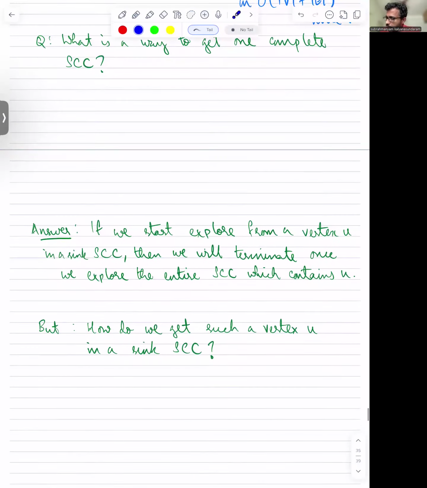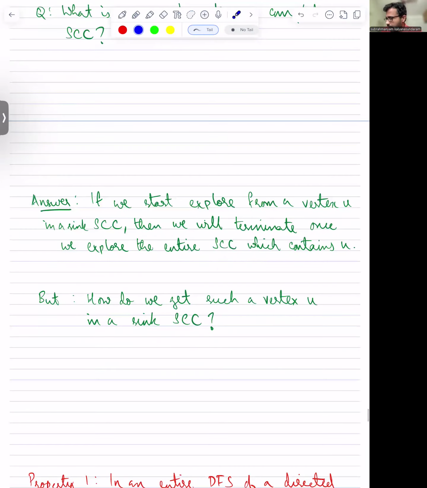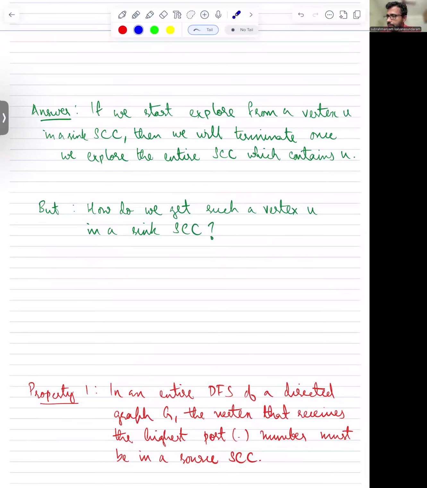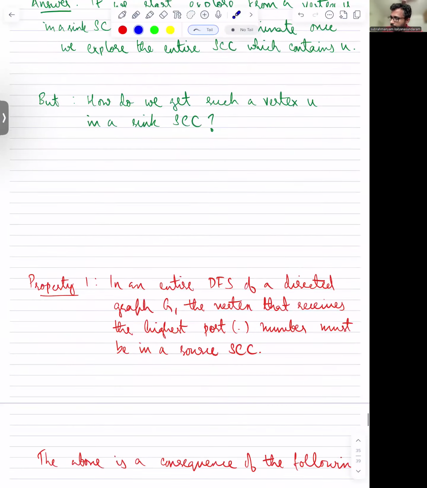This we already saw: if we start explore from a vertex in a sink, then we'll terminate once the entire SCC is completed. But this is a statement that I just said. The vertex with the highest post number must necessarily be in a source SCC.